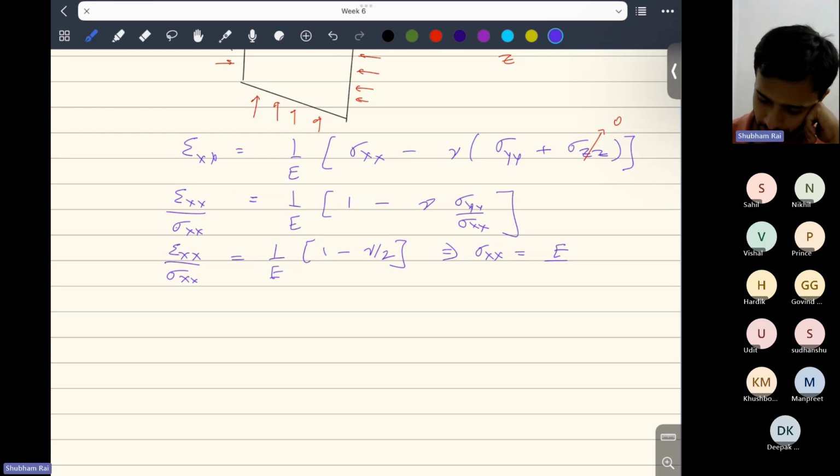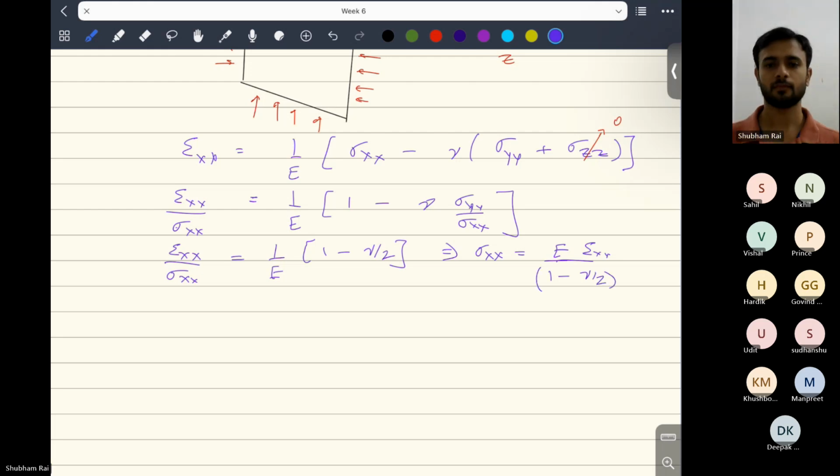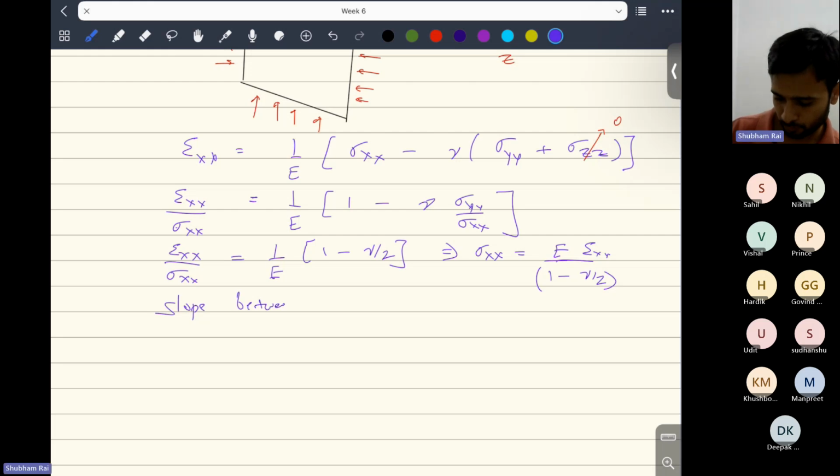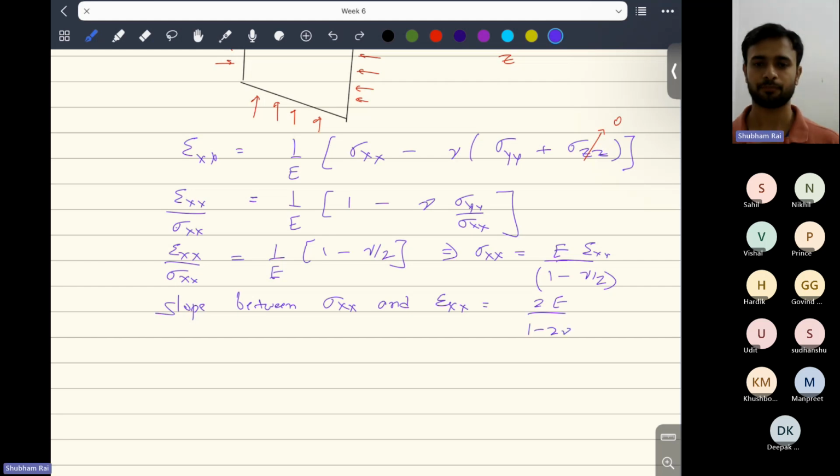So this is the relation that you are getting between epsilon xx and sigma xx. So the slope between sigma xx and epsilon xx, taking the LCM, will be 2E over 1 minus 2 nu, right? So this will be the slope.